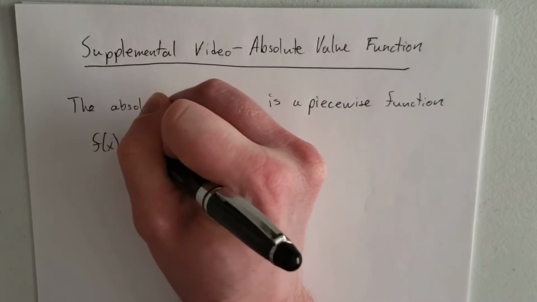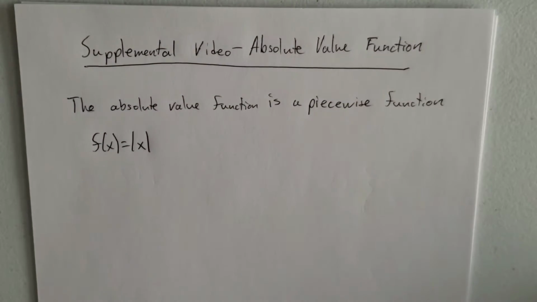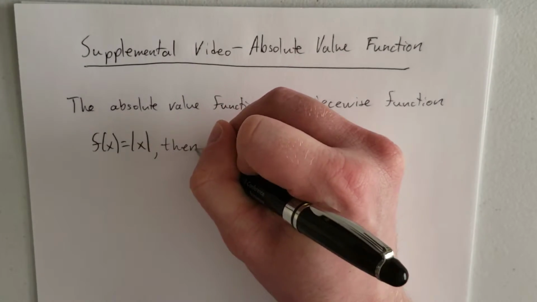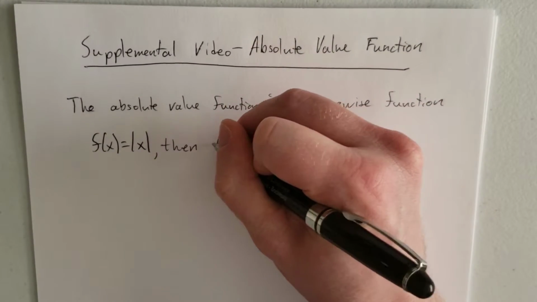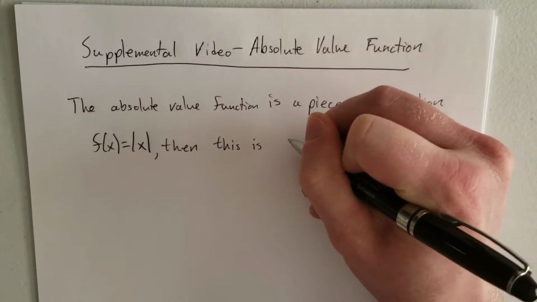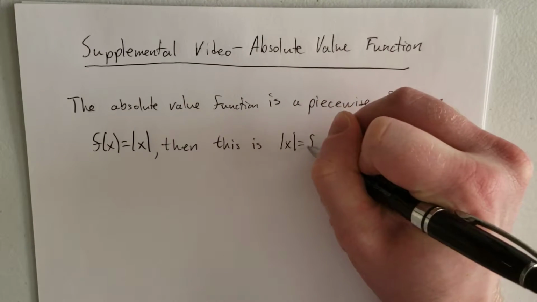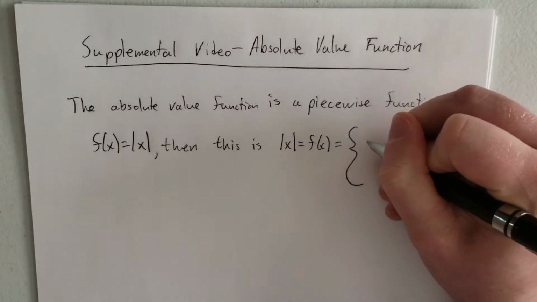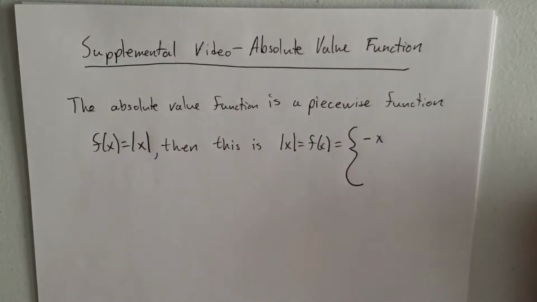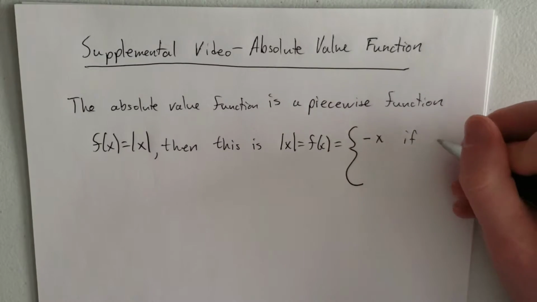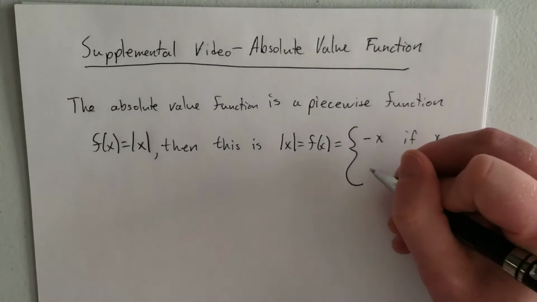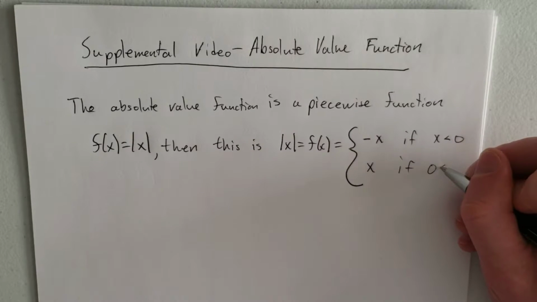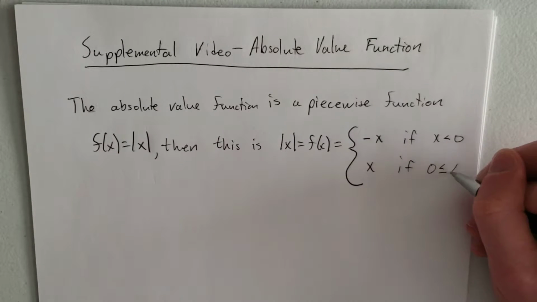Well, f of x is equal to the absolute value of x. Then this is, right, the absolute value of x is equal to f of x is, all right, so this is negative x if x is less than 0, and it is positive x if x is greater than or equal to 0.